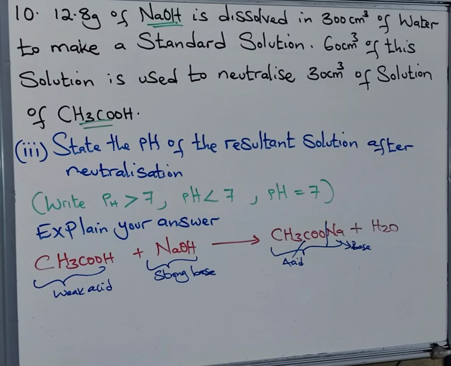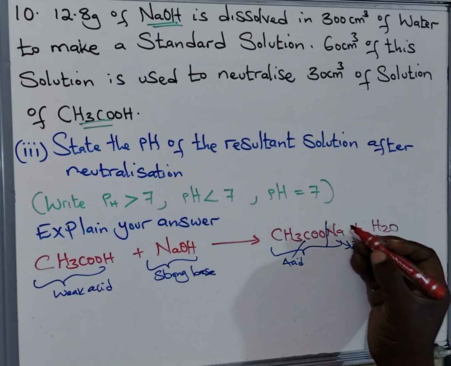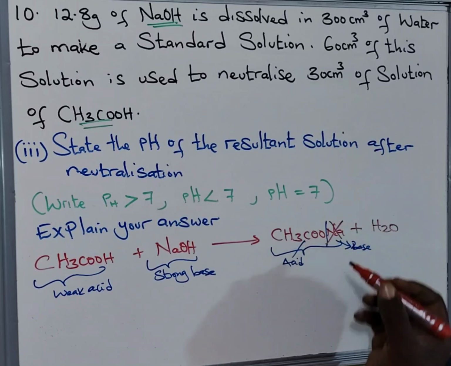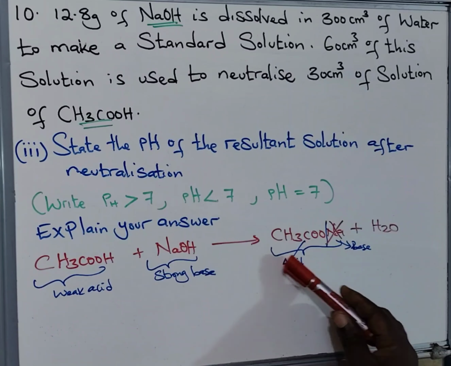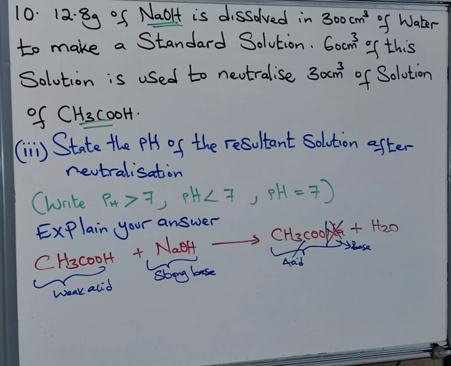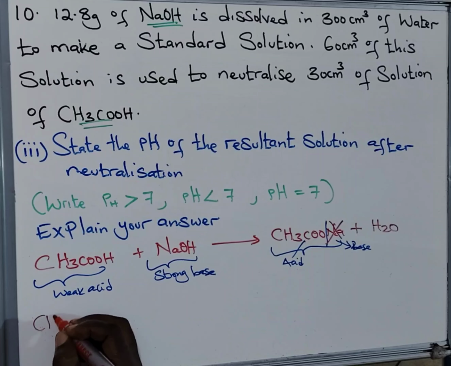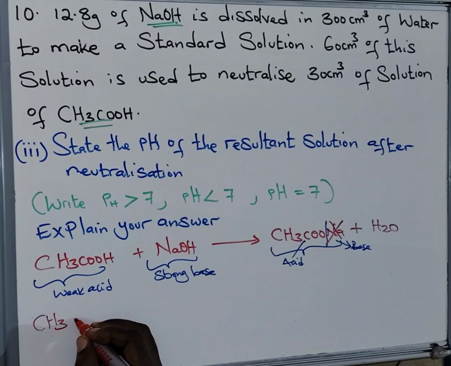But you need to realize that ions from a strong base or acid are not hydrolyzed. So that one won't be hydrolyzed. That leaves us with only the ethanoate ion. So it is the ethanoate ion which is going to react with water.